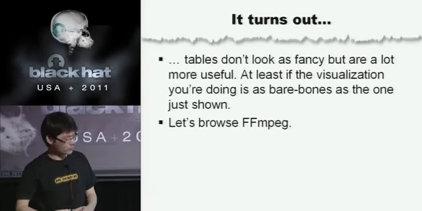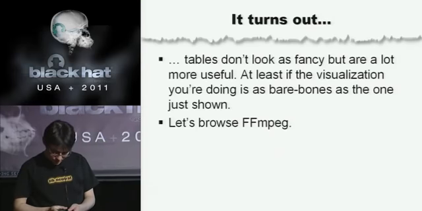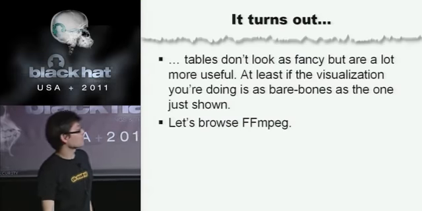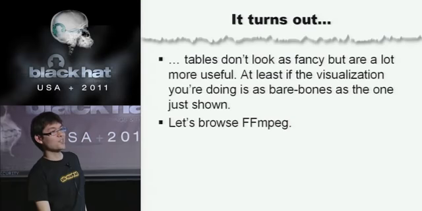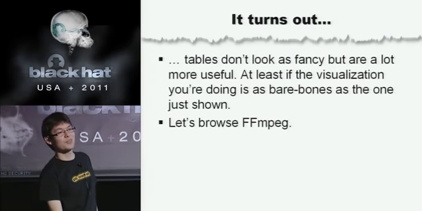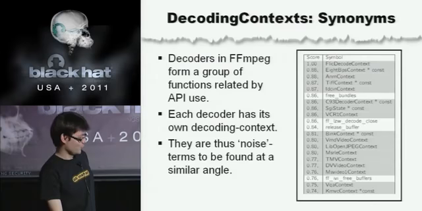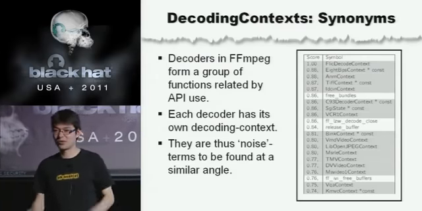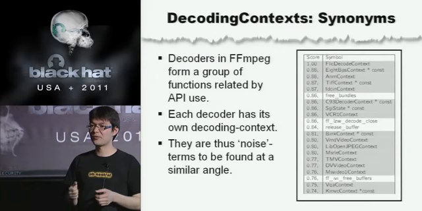Okay, so how much time do I have? Let's see, 42, okay. All right, so let's see this in action. Let's take FFmpeg and see what kind of questions we can ask our tool. FFmpeg has a lot of different decoders for different file formats.